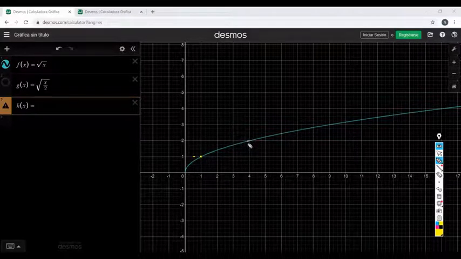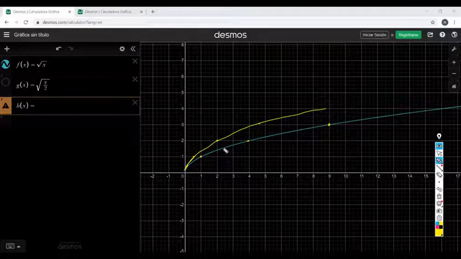This point, having x coordinate equals 4, will go to 2, and the rest of them, you see, this point has x coordinate 9, and if I divide over 2, I get 4.5, which is here, and so on. So now the horizontal compression will look like this, more or less.